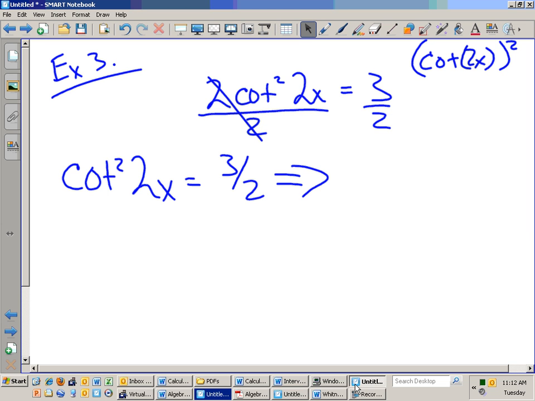Yes. All right. So I want to rewrite this in terms of tangent. Namely, tangent squared of 2x is equal to 2 over 3. That's familiar, right? We've done that. What do we do to both sides?